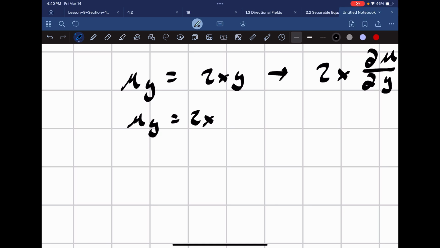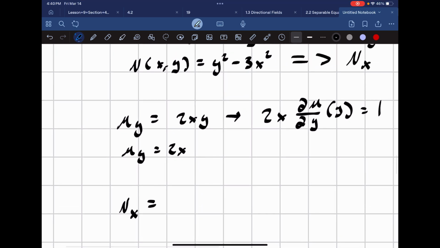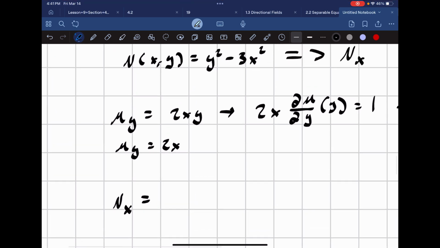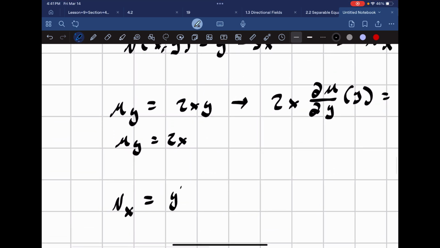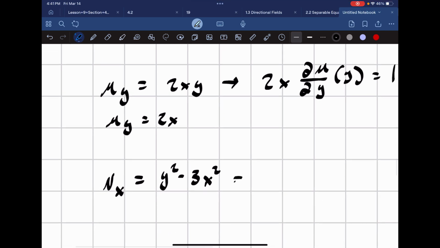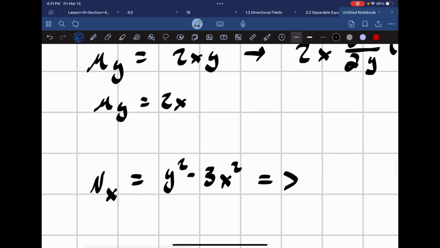We do the same steps when finding the partial of the function N with respect to x now. This is a shortcut for saying partial. So we have y squared minus 3x squared. Again, we look at the first one, and there's no x, so this is a constant, and the derivative of a constant is just 0.